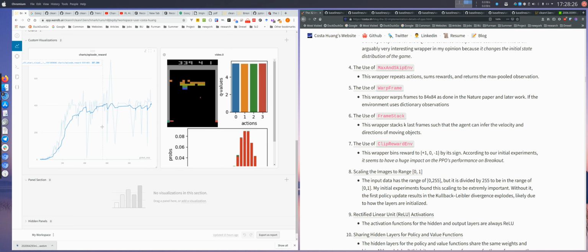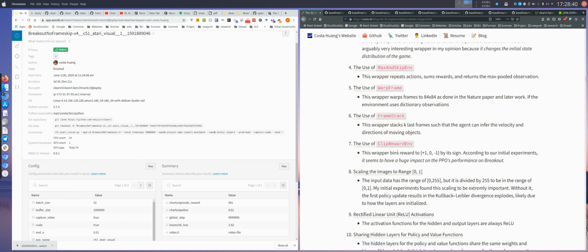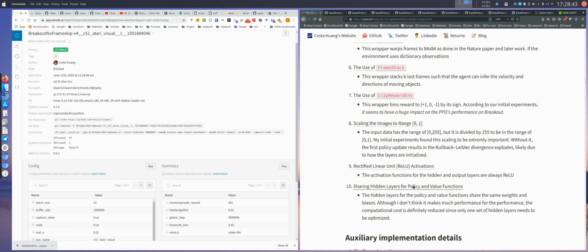It's not really achieving the reported results in the paper, but it's kind of difficult to tune. And C51 takes quite a long time to run. As shown over here, it takes about 1 day, 3 hours. So very expensive, very long.